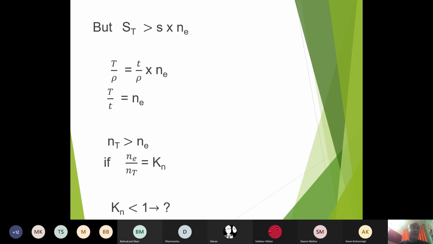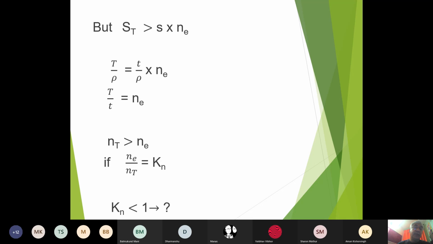In general, we found that ST is greater than S into NE, once we measured the number of fibers after cutting the cross section. We always found that ST is greater than this value.